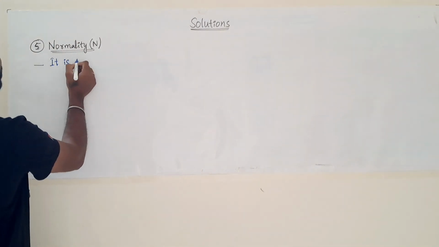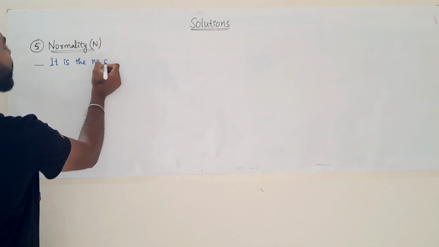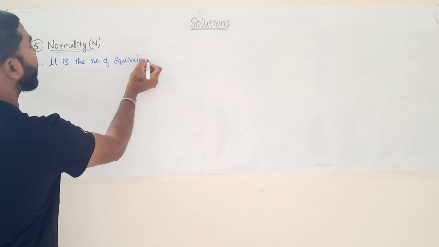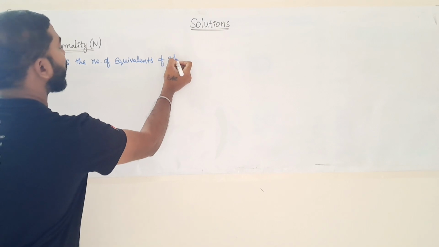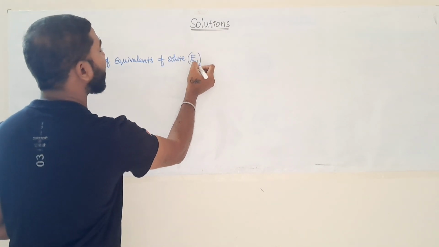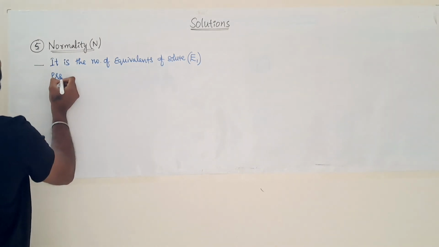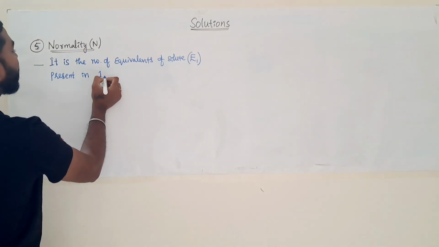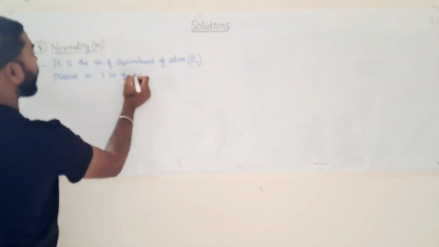It is the number of equivalents of solute, present in 1 liter of solution.